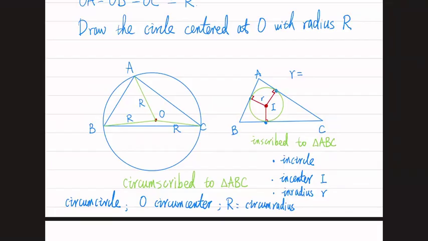Okay, I'm going to give some hint. It'll be the square root. Yeah, square root of s minus a times s minus b times s minus c, or something like that, over s. It's the same as the area over s, the half perimeter. Yes.